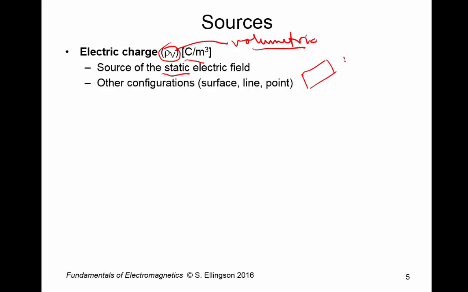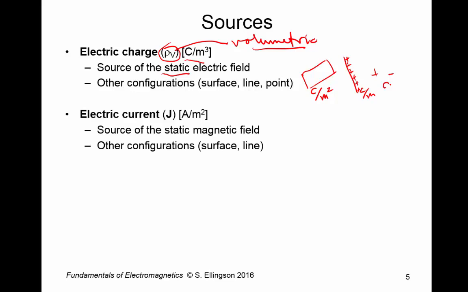You could have charge along a line, like so. And you could have just a point charge. There's a positive charge and there's a negative charge. In those cases, we would describe the charge distributions differently. This would have units of coulombs per meter squared, coulombs per meter, and this would just be coulombs.